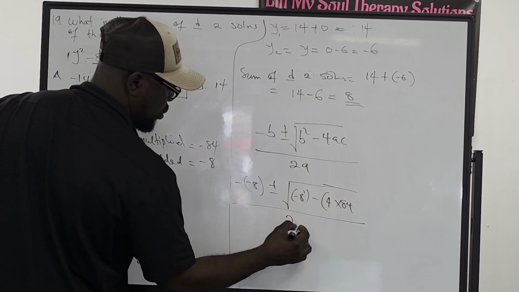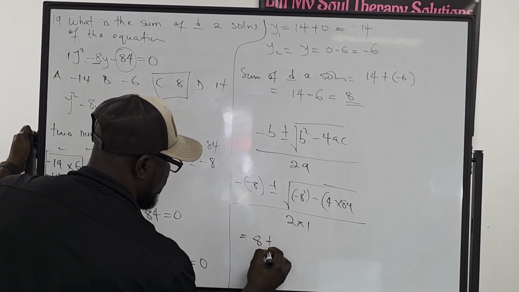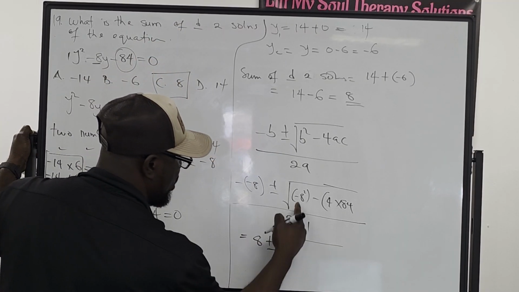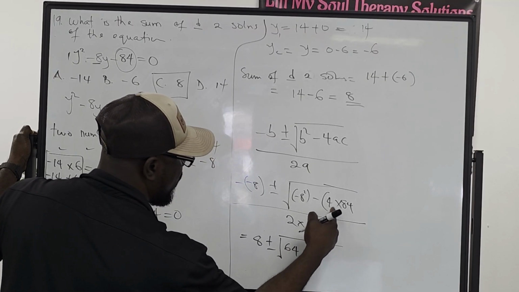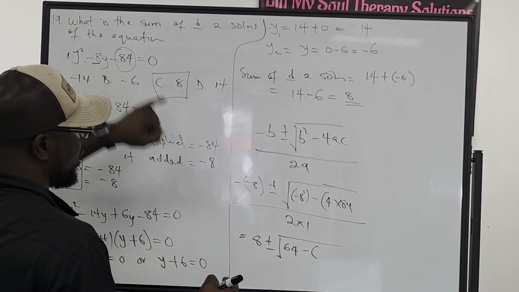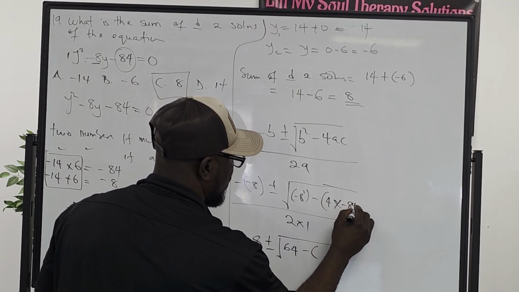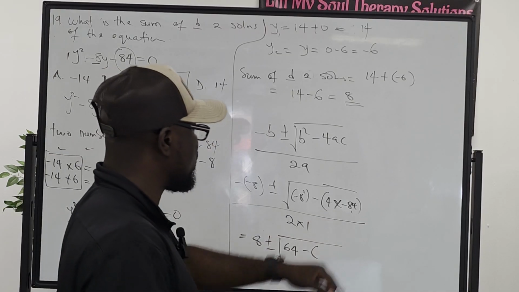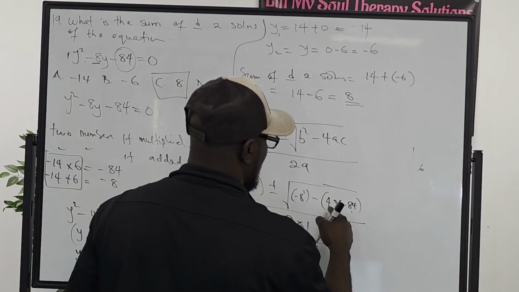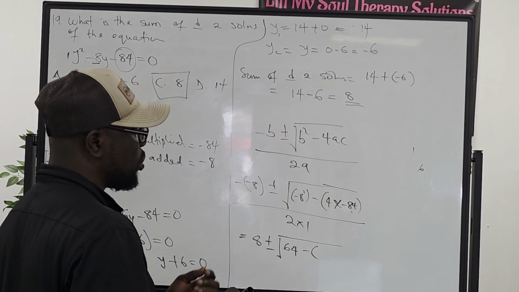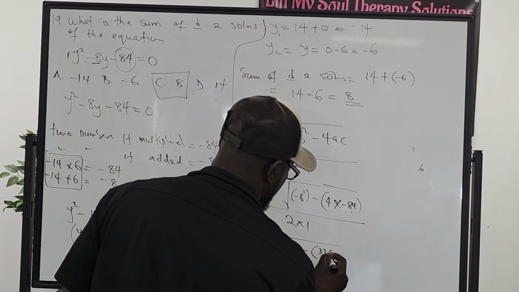So you're going to have minus b, which is minus minus 8, plus or minus the square root of minus 8 squared, which is 64, minus 4 times 1 times minus 84. Don't forget there's a minus there. 4 times 84: 4 times 4 is 16, carry 1, 4 times 8 is 32, plus 1 is 33, so 336.